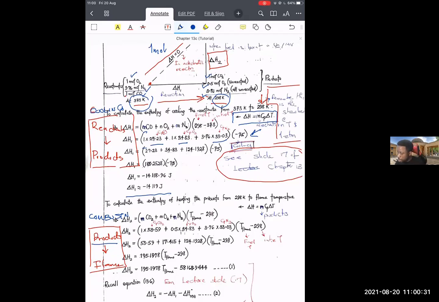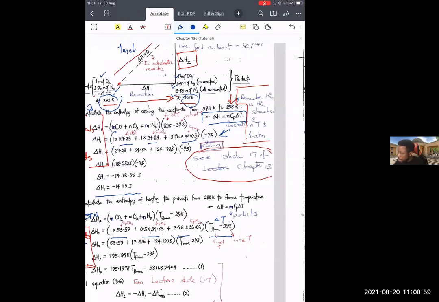Everything we plug in here will be for the products. So nitrogen, and we then do T. Remember, this is change in temperature, final minus initial. So we started from 373, we took it to 298. Now we are taking it from 298 to the temperature of flame.